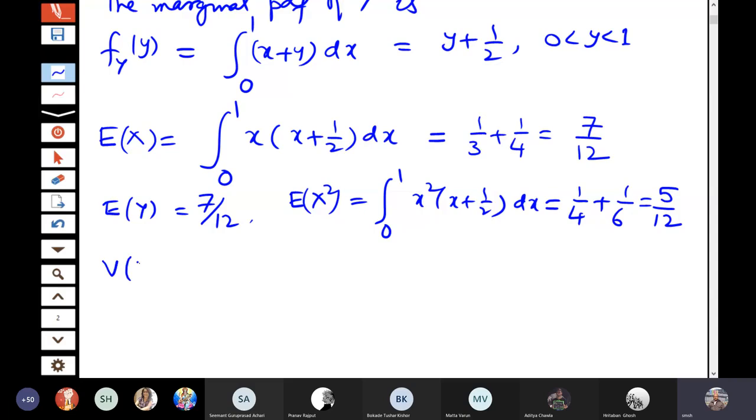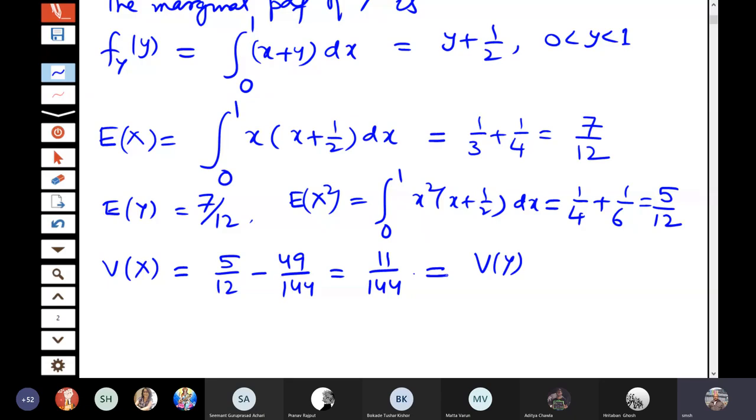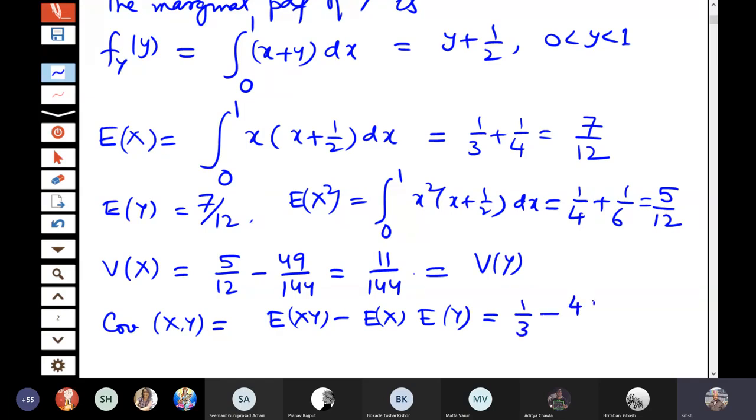So what is variance of x? That is 5 by 12 minus 49 by 144. That is 11 by 144. Since the form of the distribution is the same, so variance of y will also be same. So now let us calculate the covariance between x and y. That is expectation of xy minus expectation of x into expectation of y. So that is 1 by 3 minus 49 by 144.